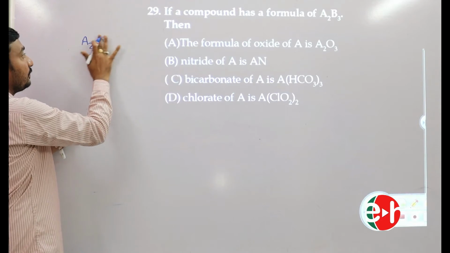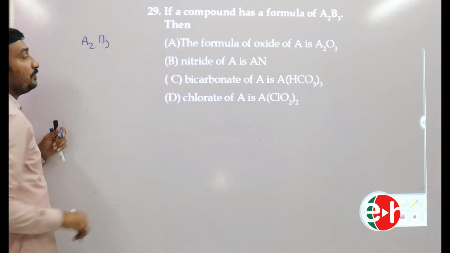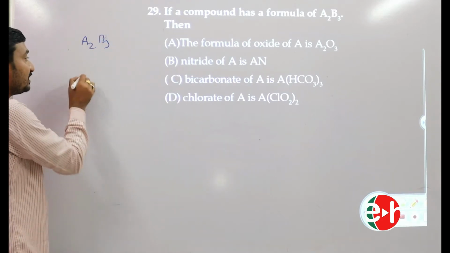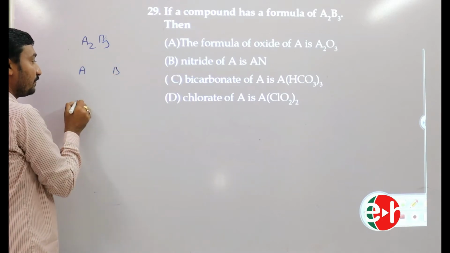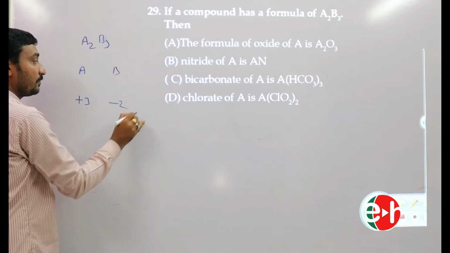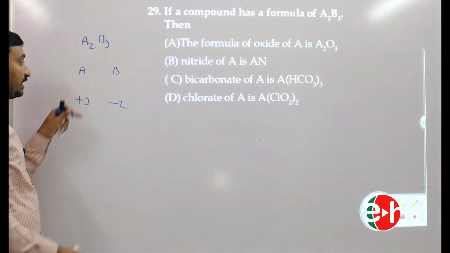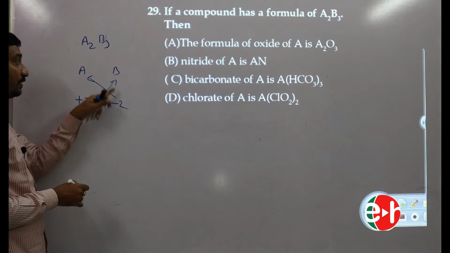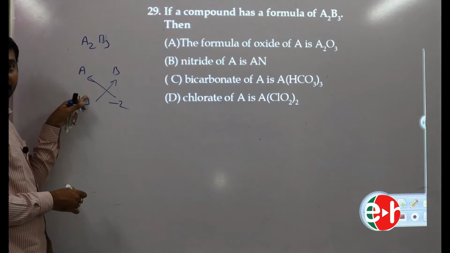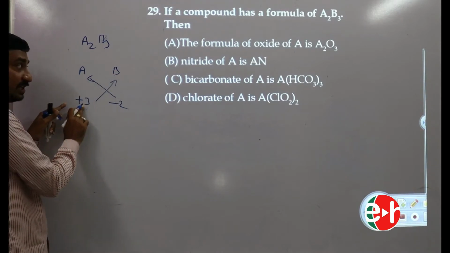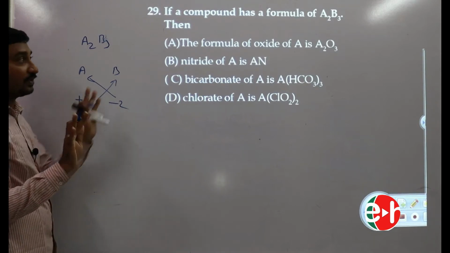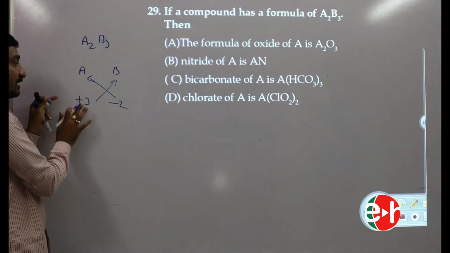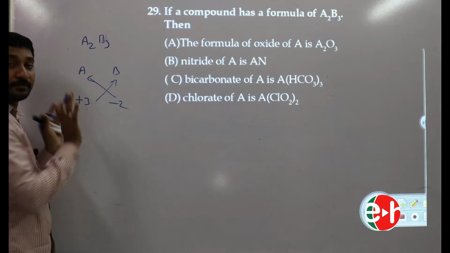A2B3. A2B3 means what is the charge on A? Charge on A is +3, charge on B is -2.